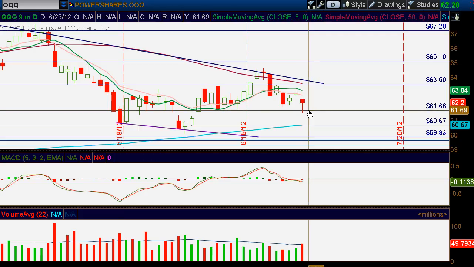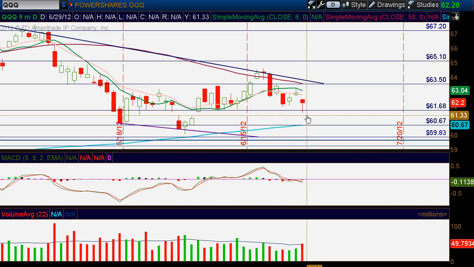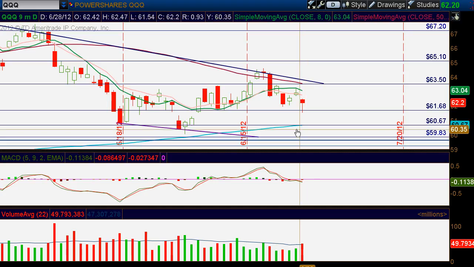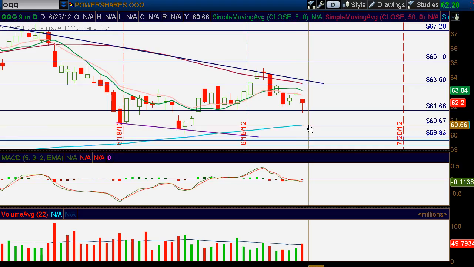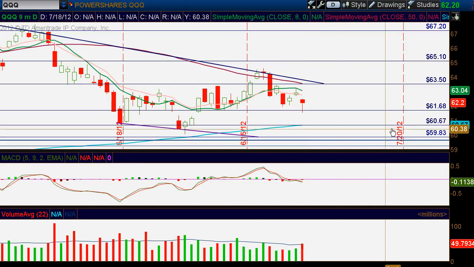If we do ever break through the 61.68 and also through the 61.54 and close the day below it, we could head all the way down to the next area of support on our way down here at 60.67, which is a cross point of those two areas of support, the 60.67 as well as that 200-day moving average, which you see here in light blue. That is a significant number. They're both at 60.67 as you can see.